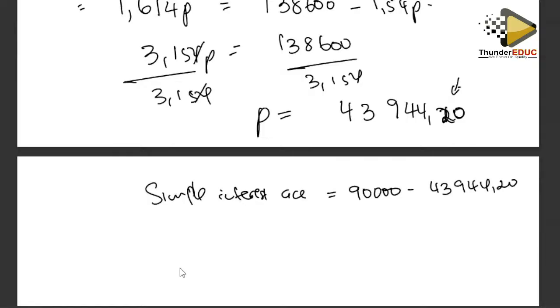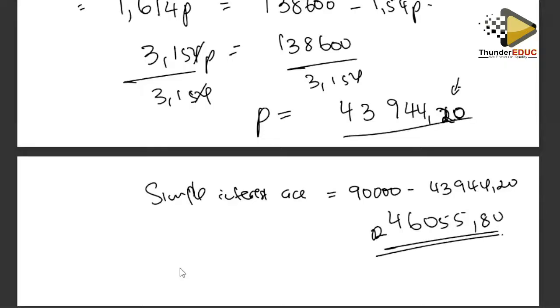Okay, so 90,000 minus 43,944, I'm getting 46,055.80. So that's how much must be invested in the simple, and how much must be invested in the compound. All right, so that is how we would have gone about with that question.